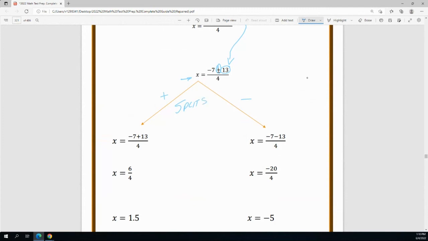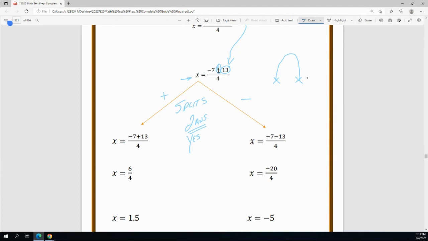So does that mean there are two answers? Yes, there are two responses. Remember we talked about why this is used, because it's going to talk about a launch, a vertex, and an end. So you need two spots, a start and an end. Two answers, the start and the end.